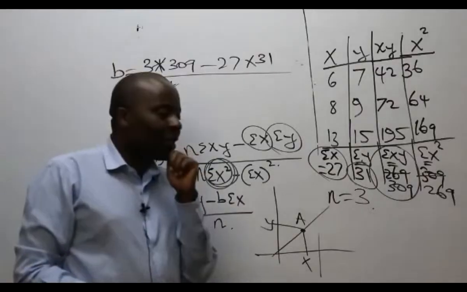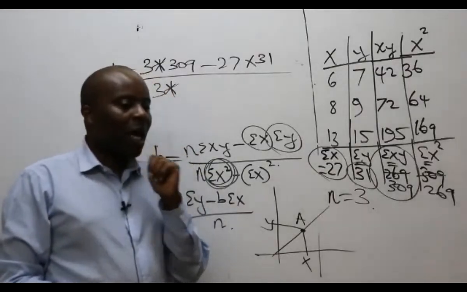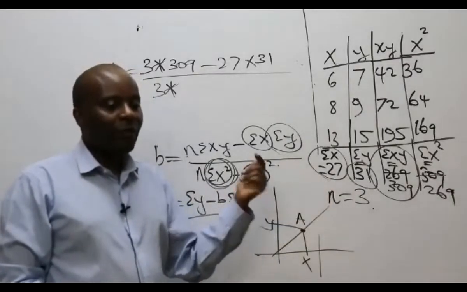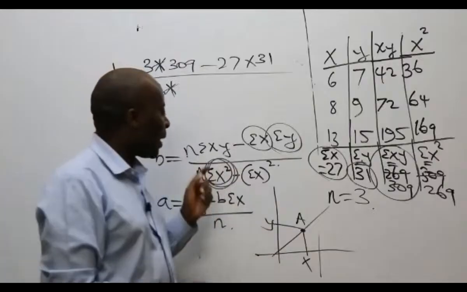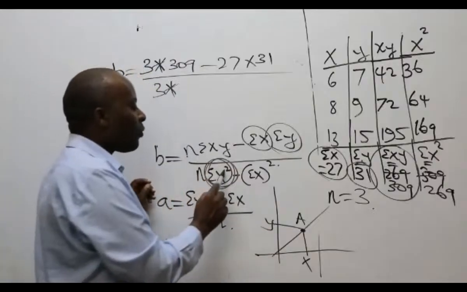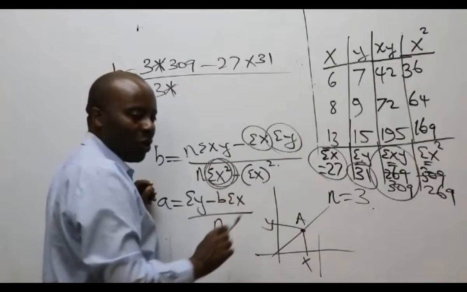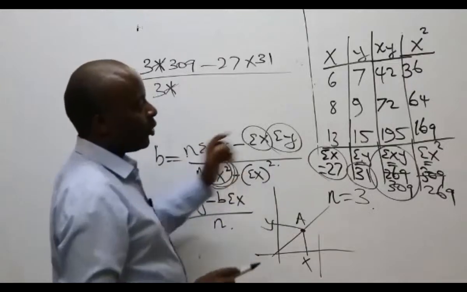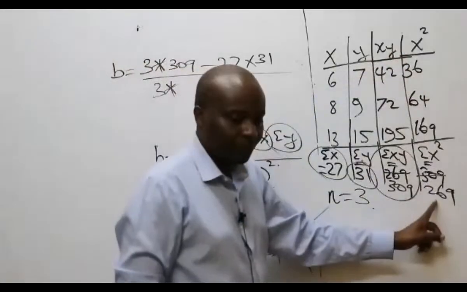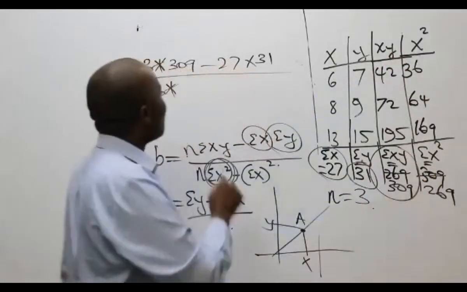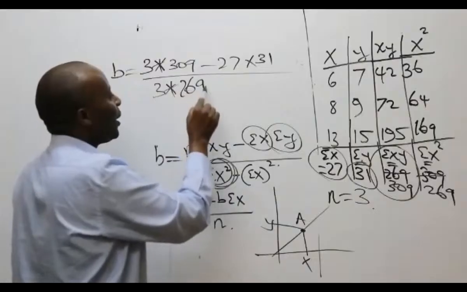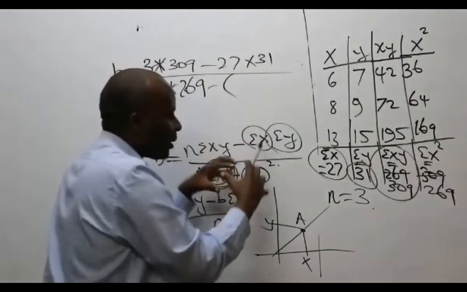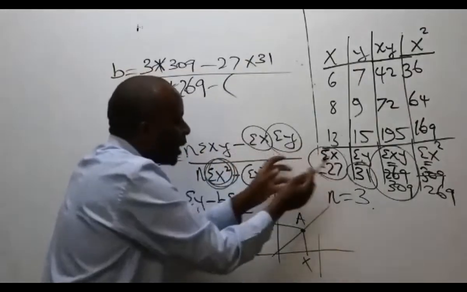Another student told me, teacher, summation x squared is equal to 27 squared. That is wrong. This summation x squared, if you look at it very well, first of all, they want you to square x alone. Summation of x squared is here. So it is 269 minus, in brackets, summation of x, which is 27.